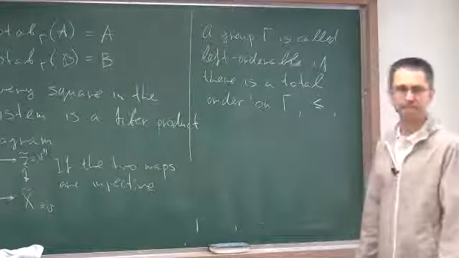It turns out that free groups are also orderable. Not only left orderable, but actually orderable on both sides. And I should say that in all the arguments that I'm going to present, I only use left orderability. So you don't need the full force of orderability, just one side of it. Z is orderable, so any free group is orderable.